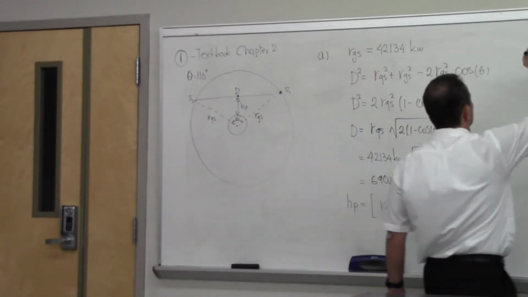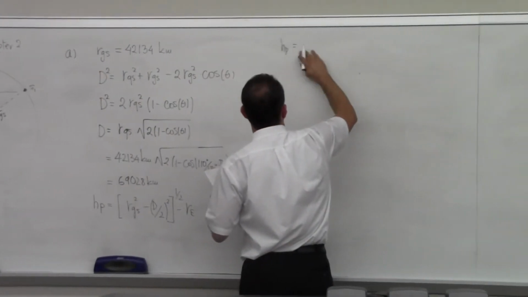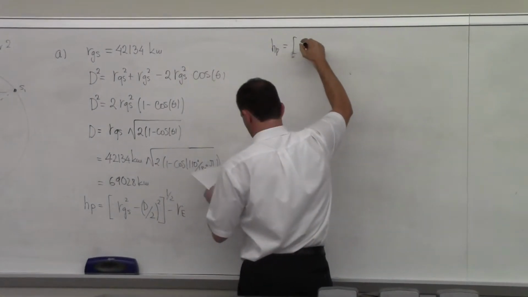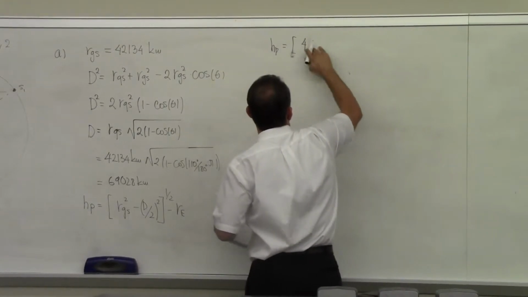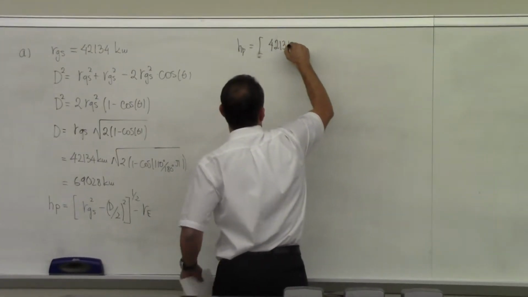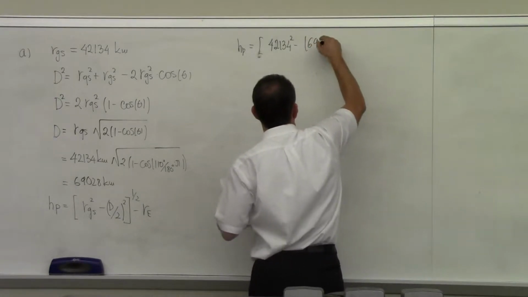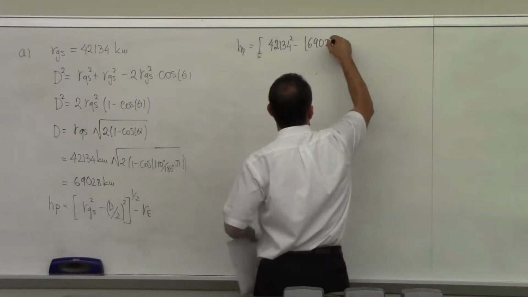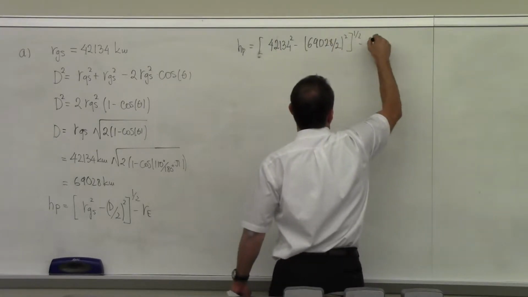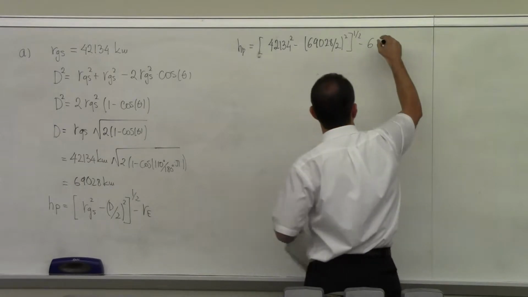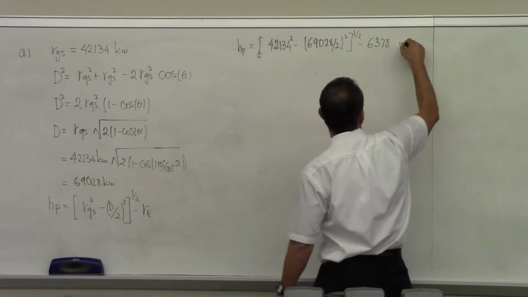So when you substitute the numbers, you get the square root of 42,134 squared minus (69,028 divided by 2) quantity squared, minus 6,317, and everything given in kilometers.